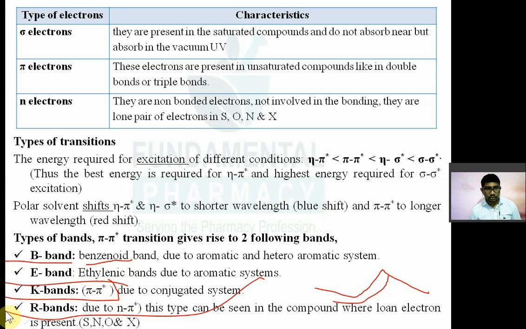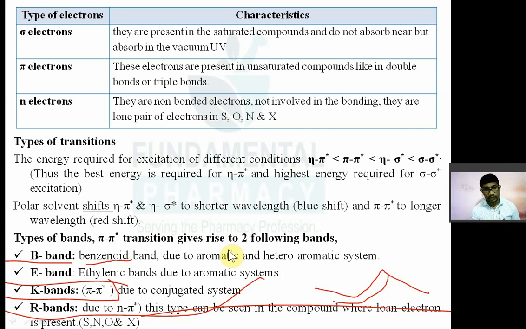This type of band is seen in the compound where there is a lone pair of electrons, like if compound has heteroatoms like sulfur, nitrogen, oxygen and halide. So remember, R band is given by the compounds which are having heteroatom having lone pair of electrons. इसके ऊपर lone pair of electron है वो n to pi star transition दिखाएंगे and because of that there is one band in the UV known as R band.